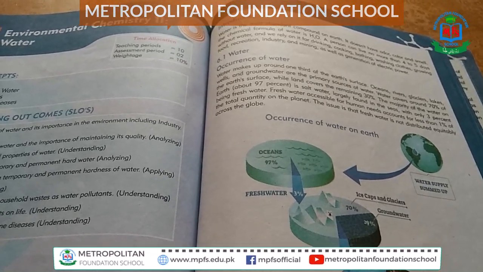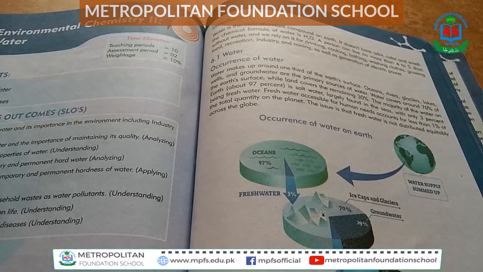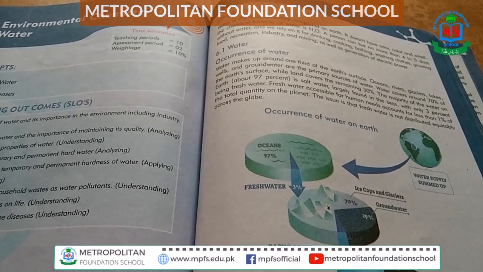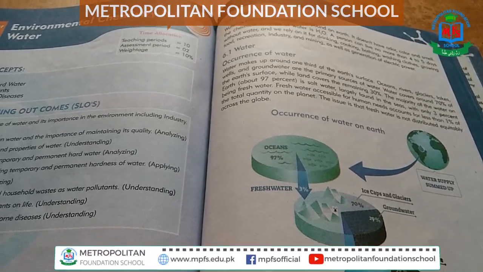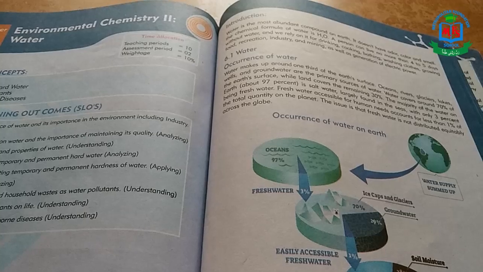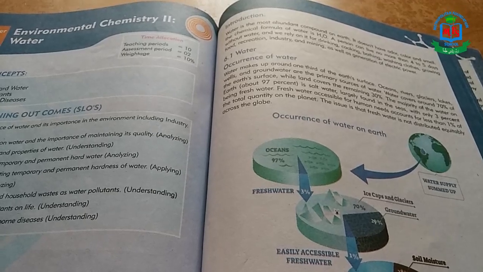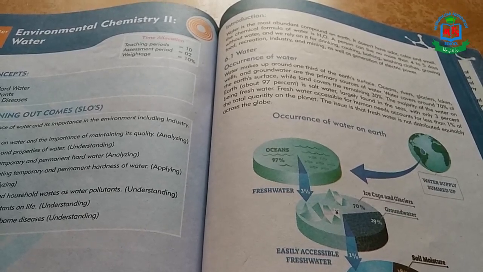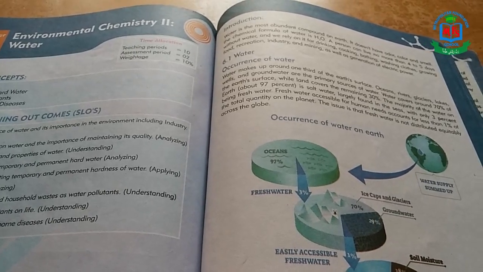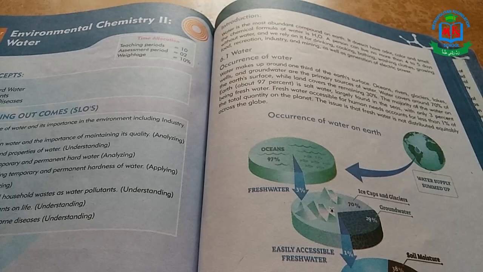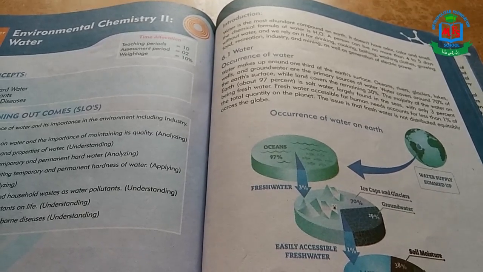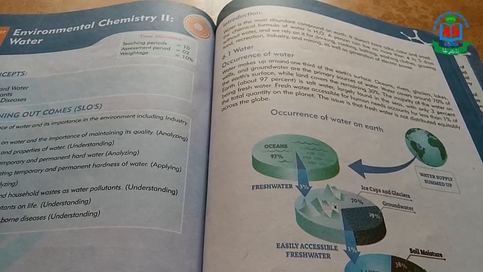Look at this chart. This shows 70% of the surface of Earth is covered by water, while only the remaining 30% covers the land. Look at this diagram.